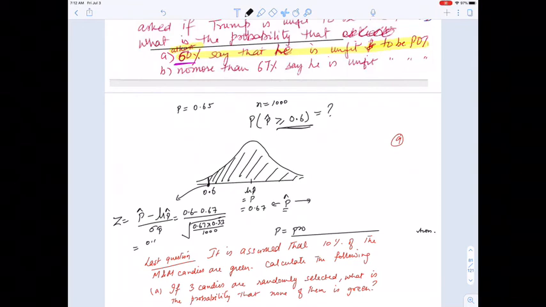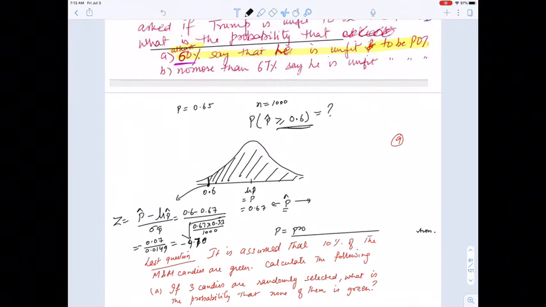So we get 0.07 divided by 0.0149. It comes out to be negative 4.70.